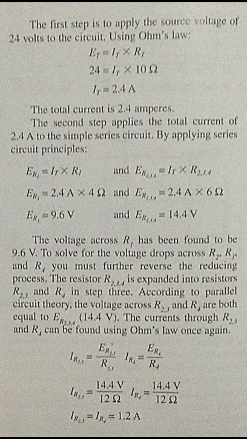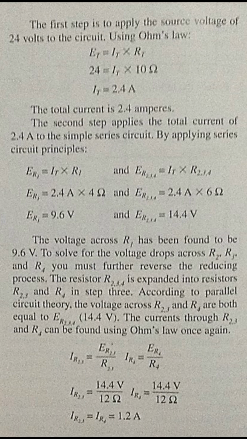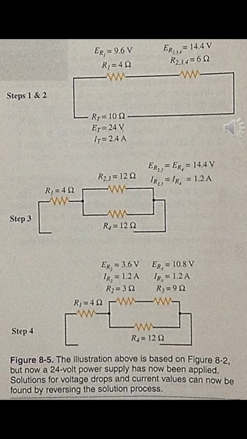The second step applies the total current of 2.4 amps to the simple series circuit. By applying series circuit principles, voltage R1 equals current total times resistance 1, and the voltage drop at R2, 3, and 4 equals current total times the resistance at 2, 3, and 4.